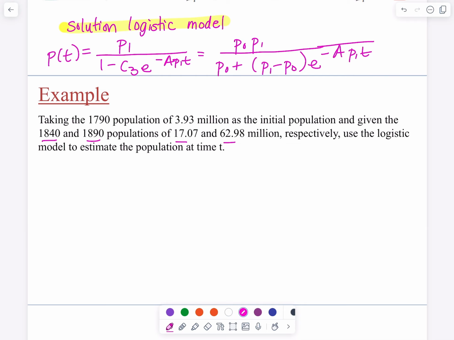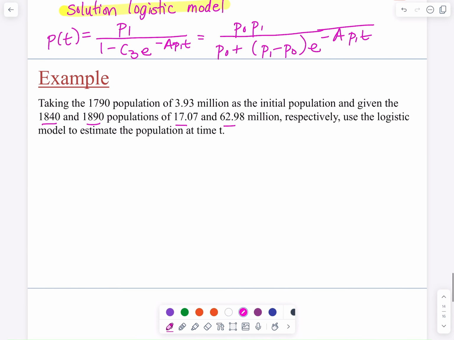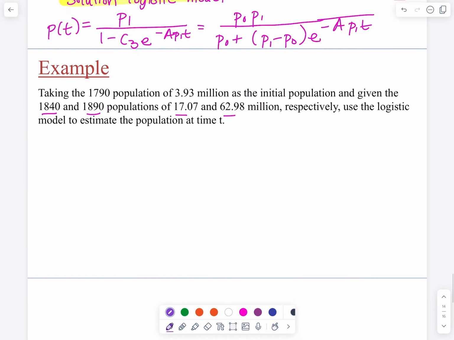Use the logistic model to estimate the population at time t. Okay, so with t equal to 0, let's go ahead and write our data values down. So we have t equals 0 corresponds to year 1790.